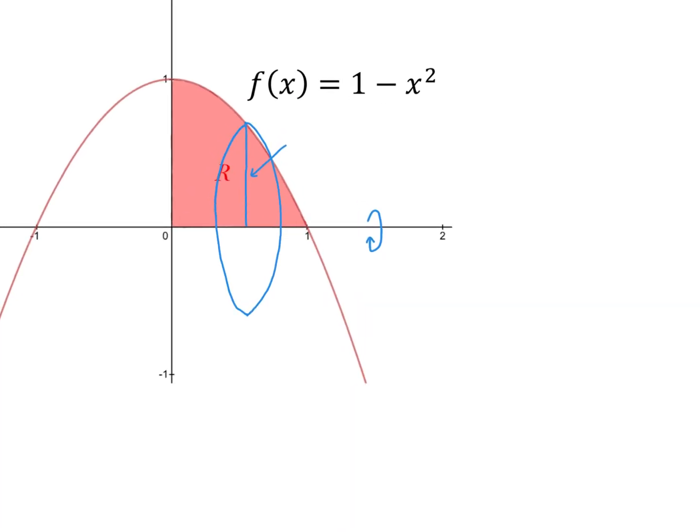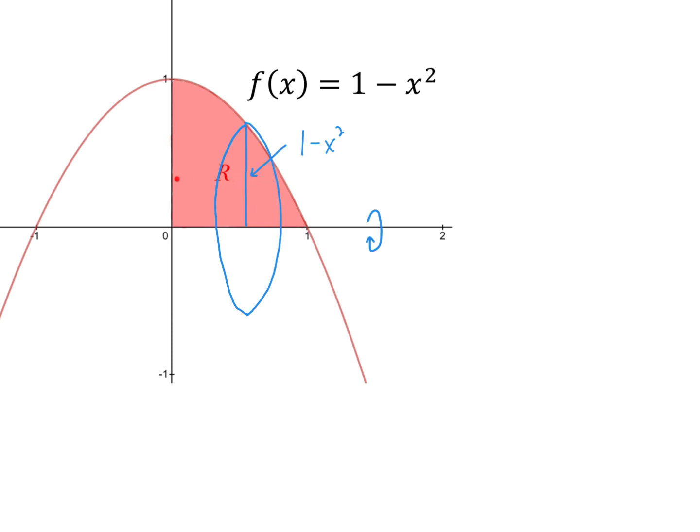This distance is the distance from the x-axis to the actual function, which is just the function. So just get used to that: when you go from one of the axes to the function, that gets represented just by the function itself. So that distance is 1 minus x squared.